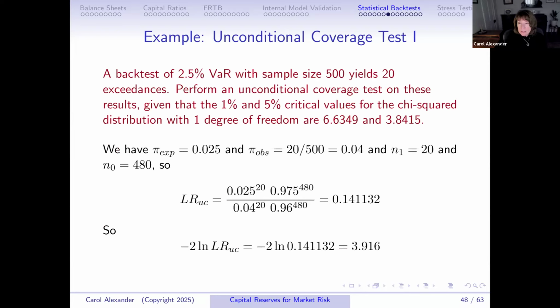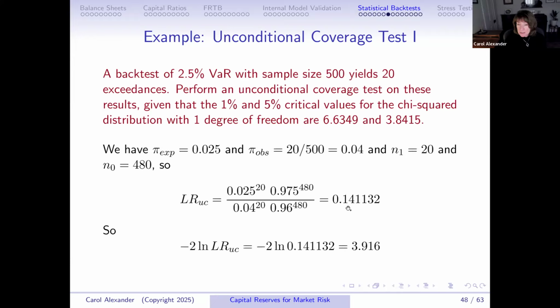So the number of exceedances is 20, and there were 500 observations, so that's 480 non-exceedances. And we have to calculate this ratio. My calculator didn't explode, even though with larger numbers it would have. I mean, 0.04 to the power of 20 is something very, very small.